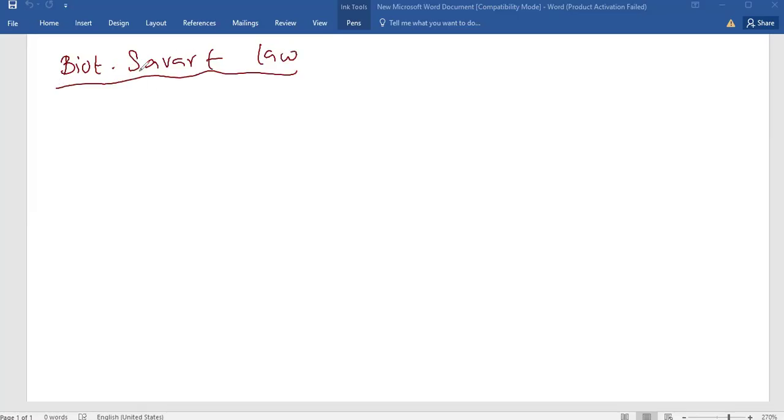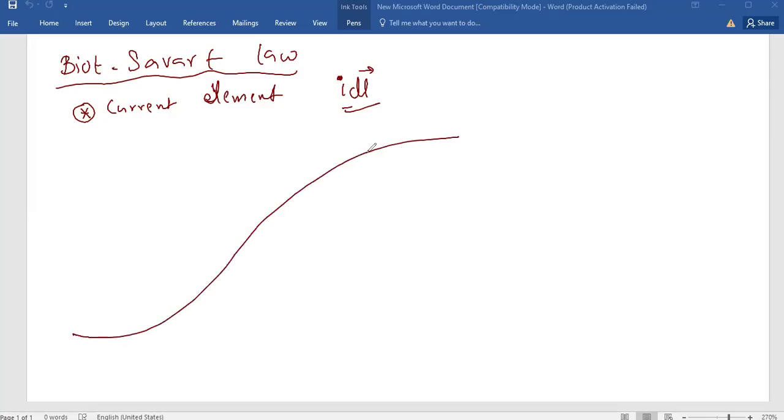Here there is one more term that will be used, called current element. A current element is a physical quantity defined by the product of current and a small part of the wire, and it is a vector quantity whose direction is along the direction of current. Now, let's say this is a wire where current I is flowing.